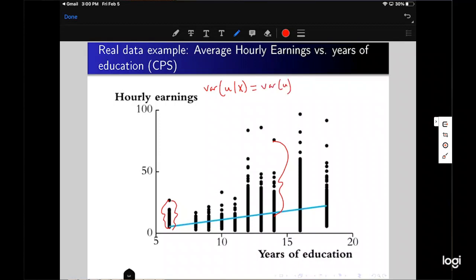In other words, the variance of u doesn't depend on x. You should be asking yourself, does the variance of u in this graph look like it depends on x? Does the spread of the error terms seem like it depends on what's happening on the x-axis? The answer is yes. The variance is much larger out here than it is for smaller values of x.